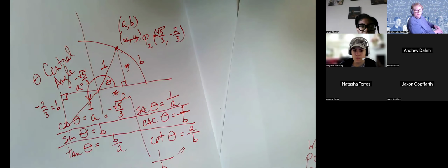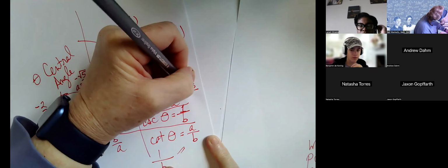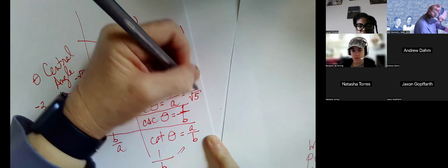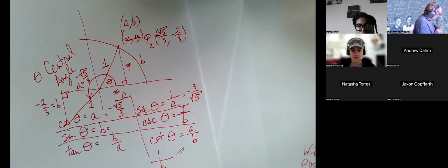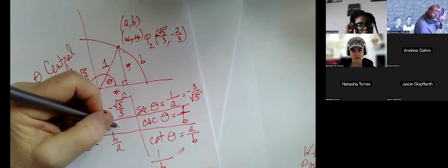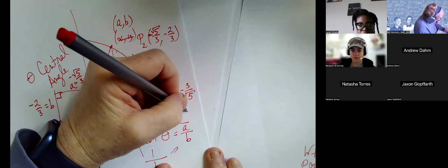And what about the secant? We're going to always think of these as together. 3 over negative 3 over square root of 5. Good. And the sine of theta? Negative 2 over 3. The cosecant of theta?